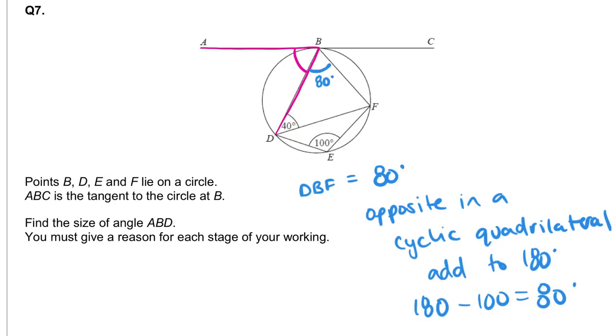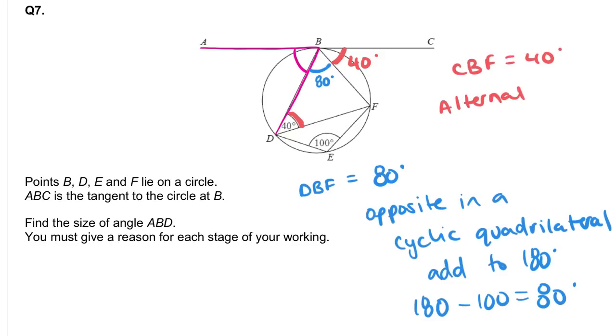Okay, alternate segment theorem. Oh, wait there. This 40 degrees equals 40 degrees here. Okay, alternate segment theorem. So this is CBF equals 40 degrees. Why?